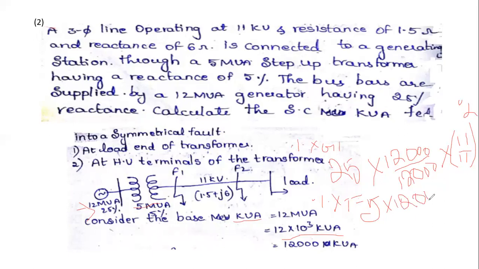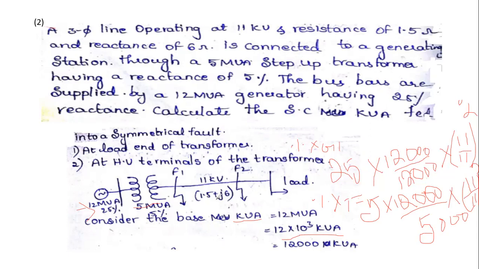The base MVA is 12,000 by, what is the MVA for that transformer? 5,000, not 5. Both the values are considered as the KVA, or otherwise we are considering as MVA, into 11 by 11, 12 by 5, 11 by 11 whole square. Otherwise we are considering as 12 by 5, 12 by 12.